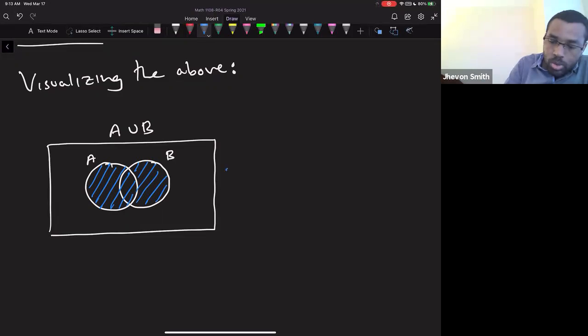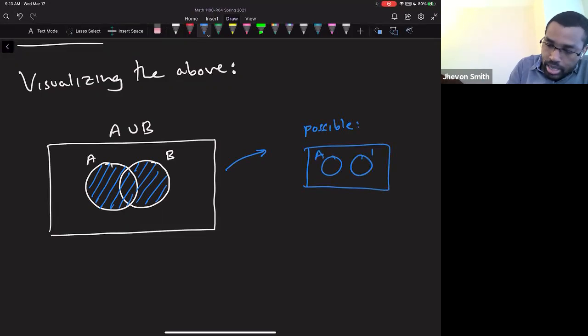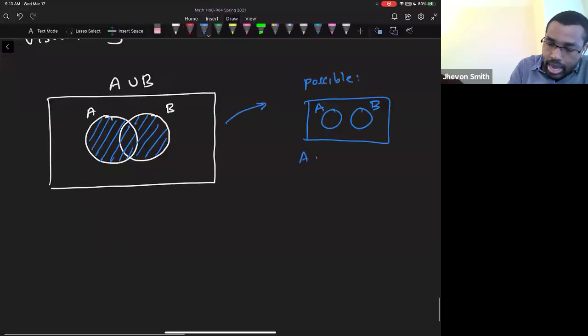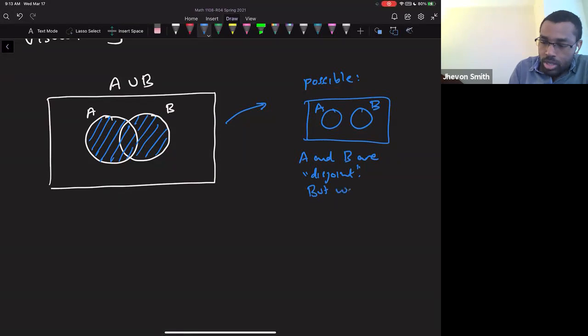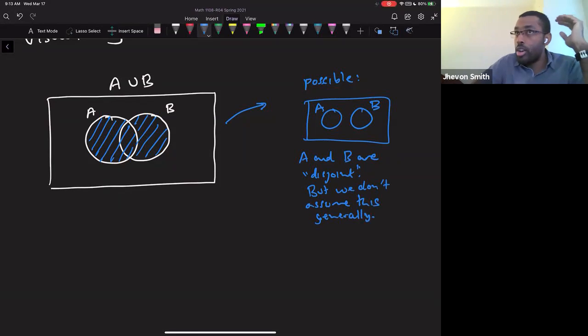Now, I want you to be aware of a possibility, which is for A and B to be completely separated. This is A and B are disjoint. But we do not assume this unless we have some reason to know it. But we don't assume this generally. You always want to draw things where you have the most amount of overlap as possible in general, unless you specifically know different.